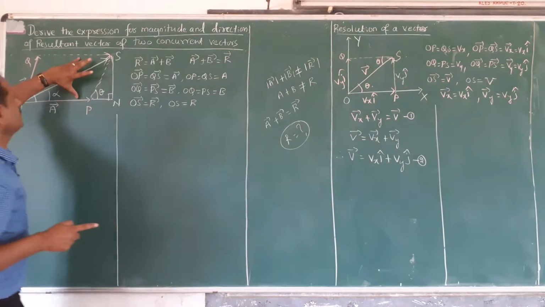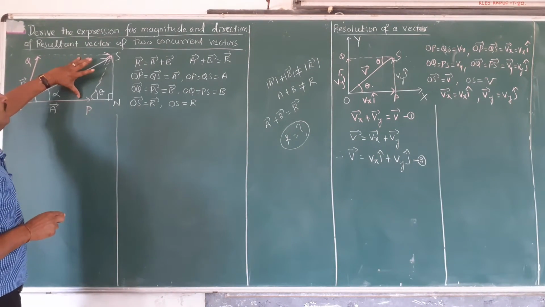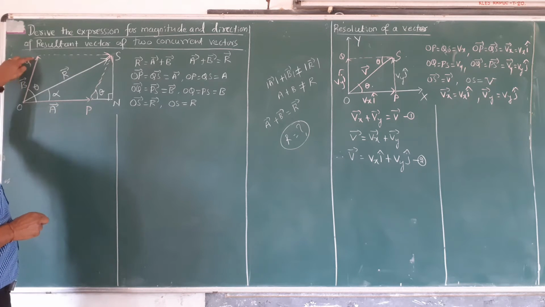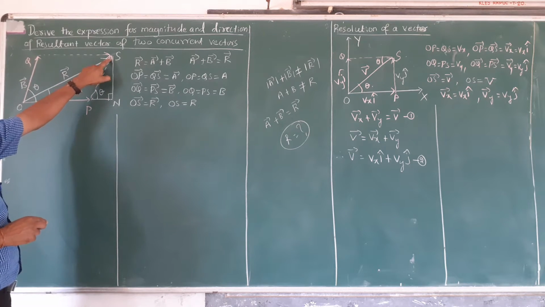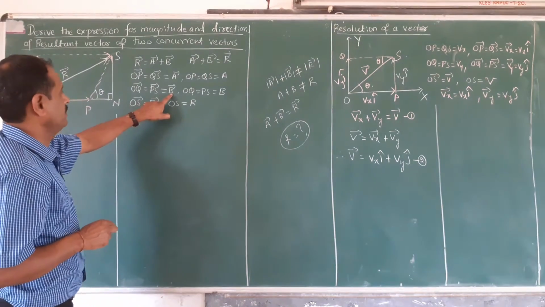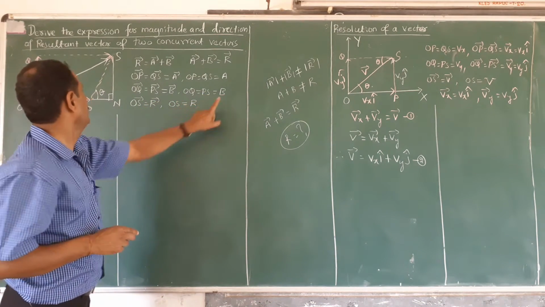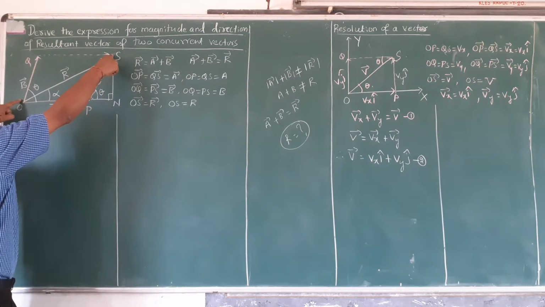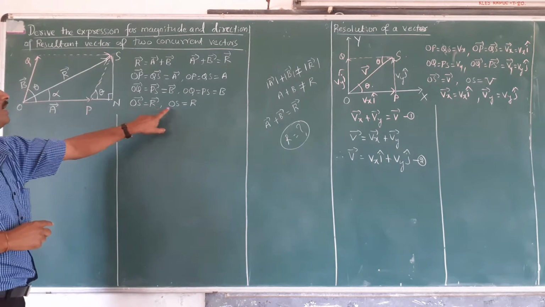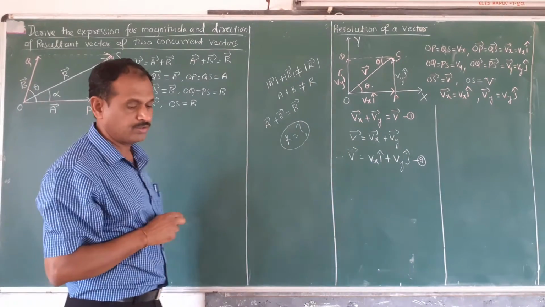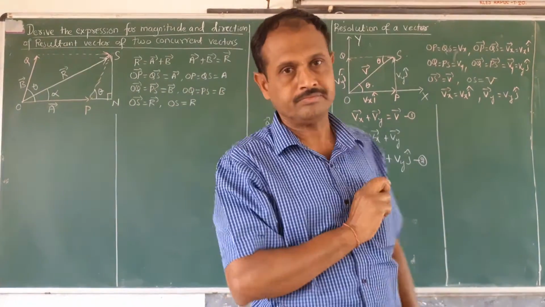Now vector OQ is equal to vector PS is equal to vector B, so OQ is equal to PS is equal to B. Then vector OS is equal to vector R, and the magnitude OS is equal to R.